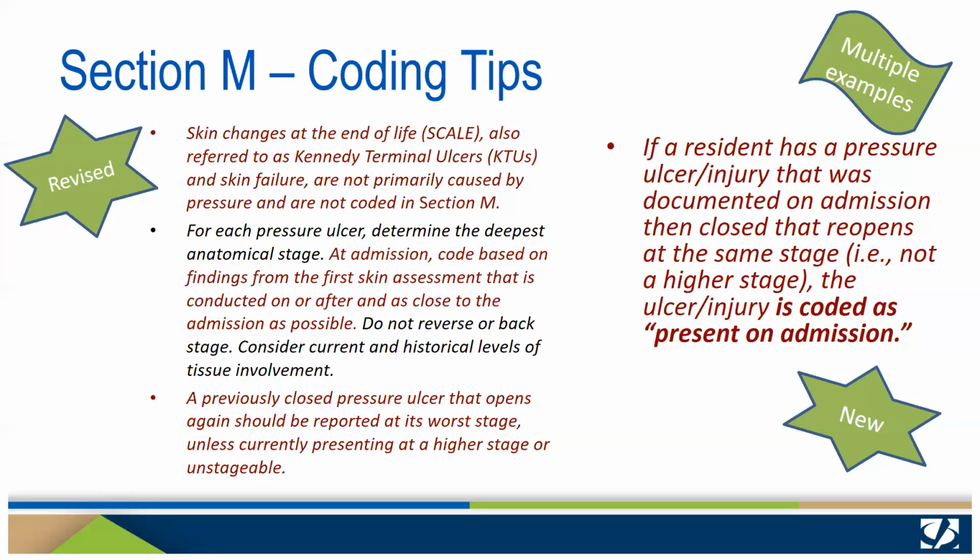So this was put in there because a lot of times if facilities have actual wound nurses, or they have a wound care team that comes into the facility to do assessments of the skin conditions, and maybe our nurses on admission, they're just coding what they see. They're not classifying it, they're not staging it, they're not determining the cause. They're just saying how much skin tissue is involved and what does it measure, what does it look like.